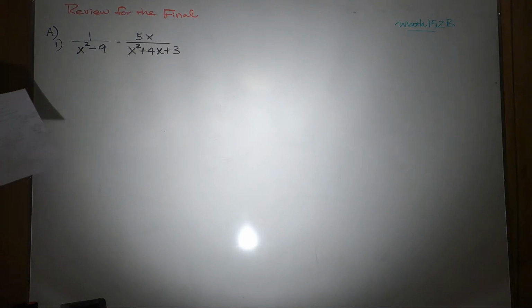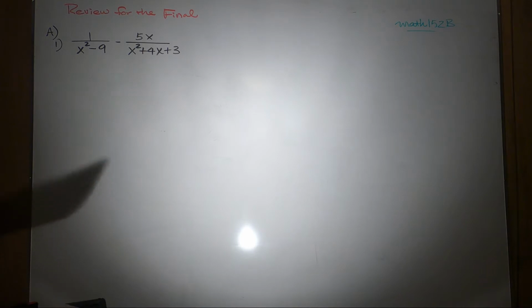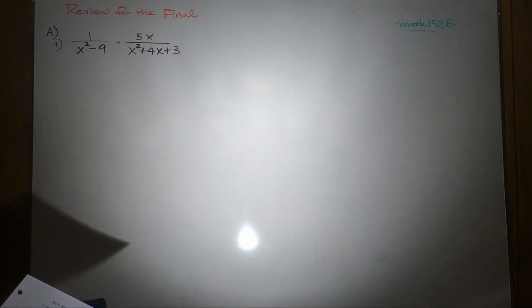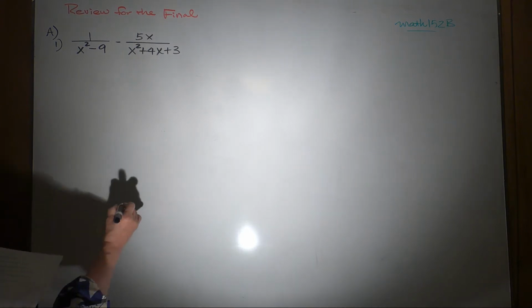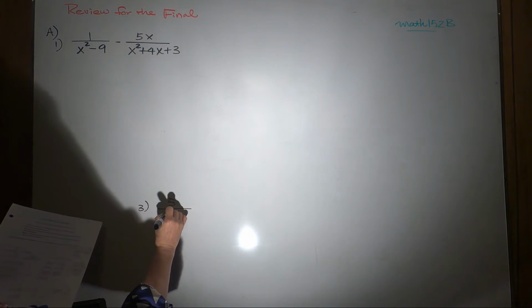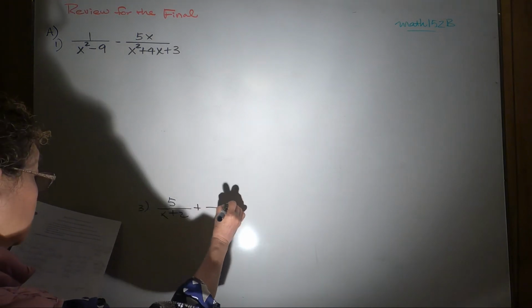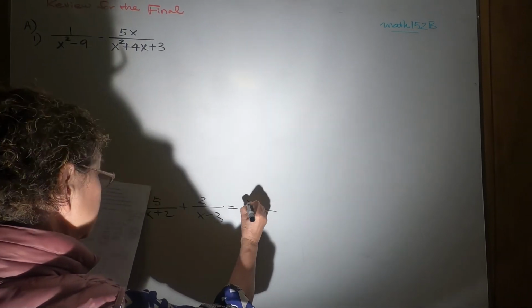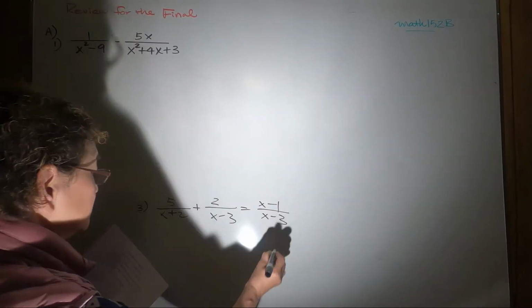So let's do the fraction things. What do you need to do? You often get confused with things like this. Like your third one is 5x over x plus 2 plus 2 over, right, equals x minus 1, x minus 3.